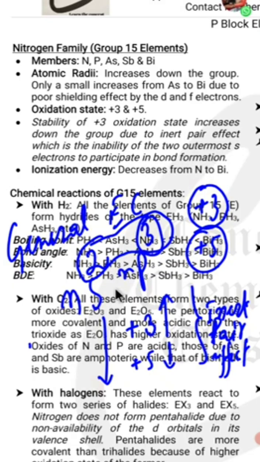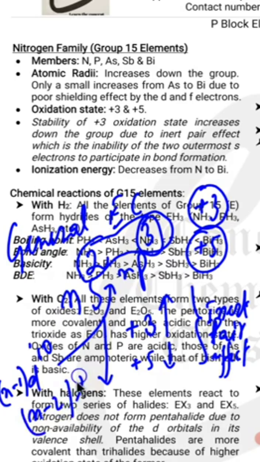So between this ns and the np, there actually come (n-1)d10 and (n-2)f14 in some cases, in case of bismuth actually. So these electrons do not shield the ns electrons well.